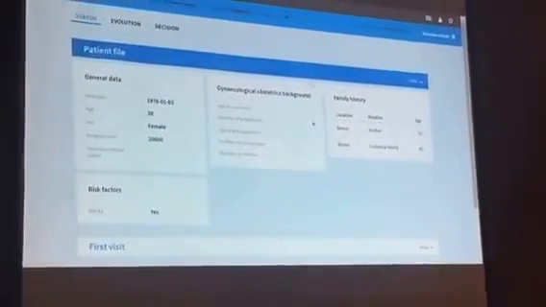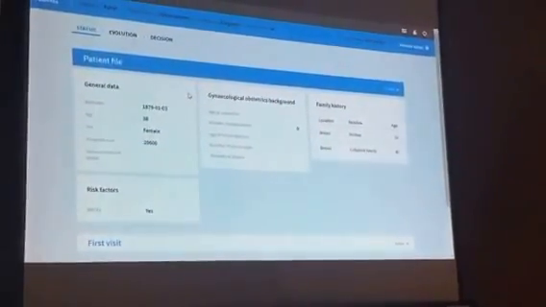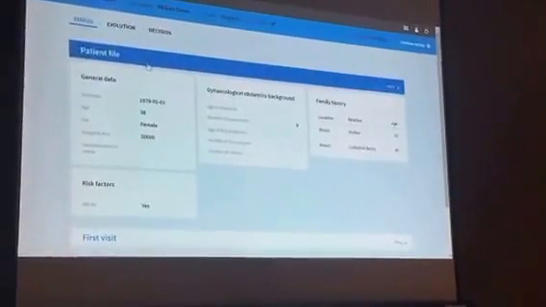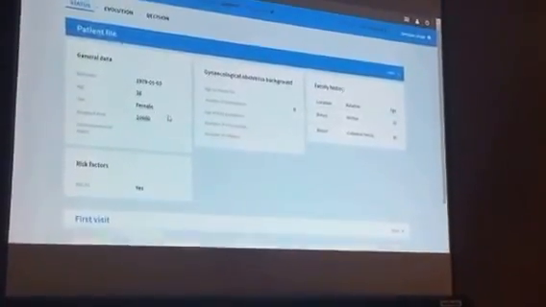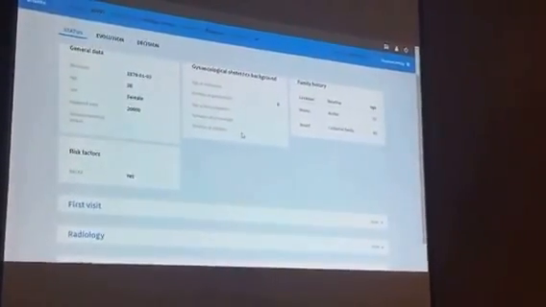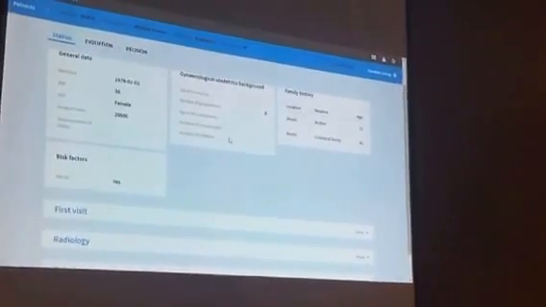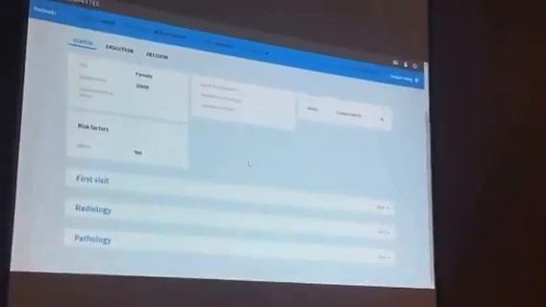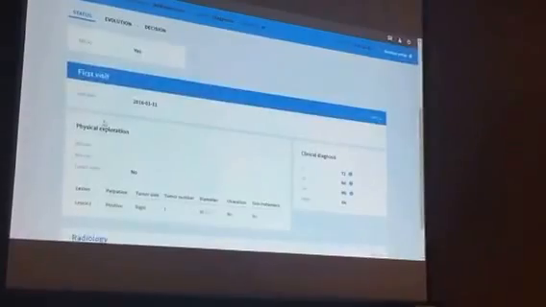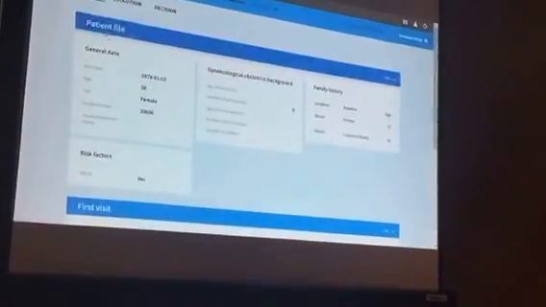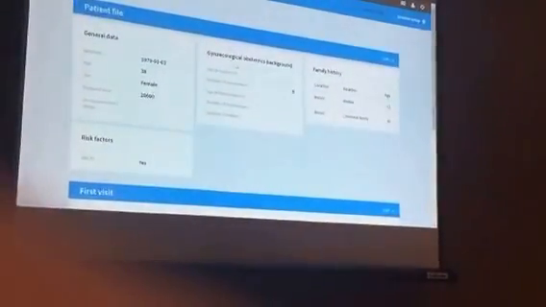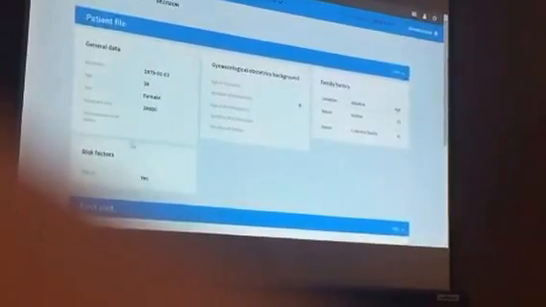So this is an example of a patient, and here we can see all the data used for the decision-making process. This is the typical information that the breast unit has for making a decision. Here we have, for example, the age of the patient, the family history, and so on.